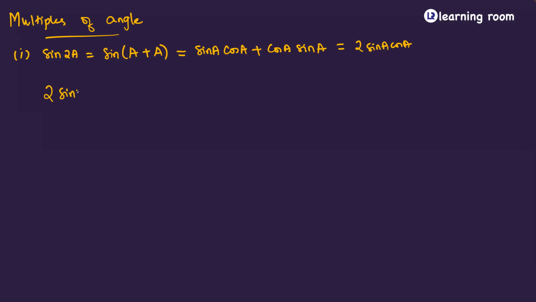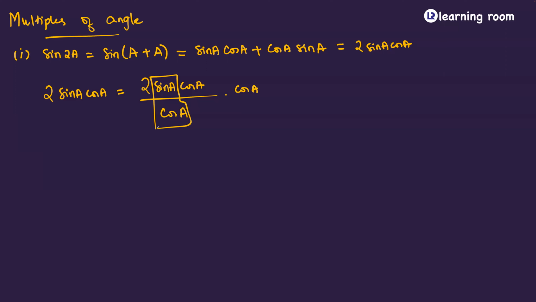This 2 sine a cos a is there, no? I will try to represent this in terms of tan. So what I need to do? Logic is simple. Whenever you have sine and you need tan, divide and multiply it with cos. So 2 times sine a into cos a divided by cos a into cos a. Makes sense? Now I'll combine these two.